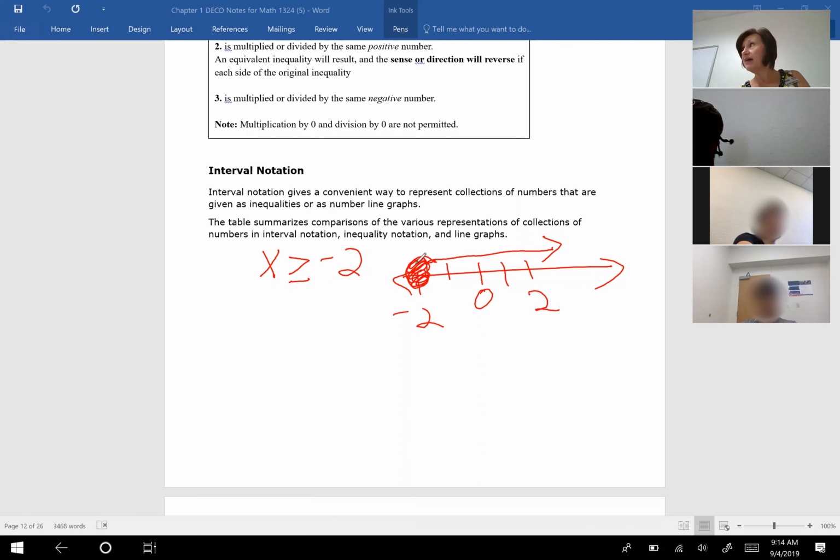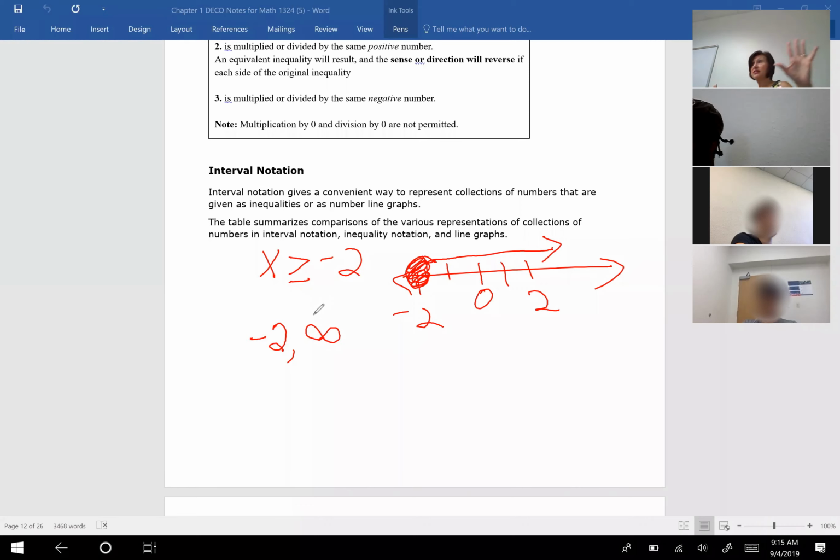So for what we have written here, I'm going to start at -2. And then how far does this go? Is there a stopping point? There's not. So if there's not a stopping point and I'm moving to the right, is this moving toward positive infinity? Yes. Now infinity is that sideways 8 symbol.